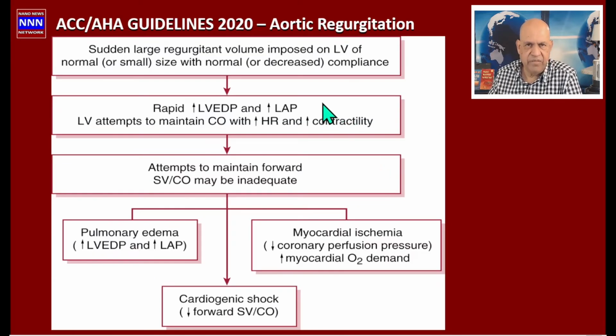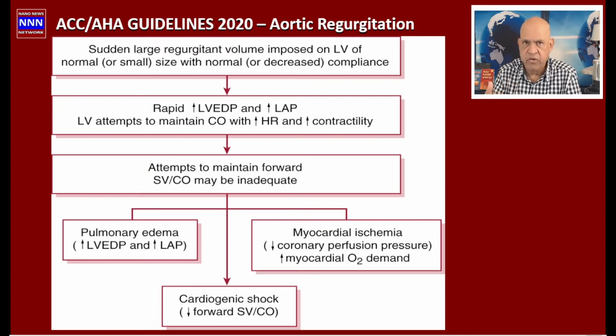One thing we need to understand about acute aortic regurgitation is there is rapid elevation in left ventricular end diastolic pressure and left atrial pressure. The LV attempts to maintain cardiac output with increased heart rate and increased contractility. Because it is getting back so much blood, maybe more than 50%, it has to pump that blood back into the aorta.